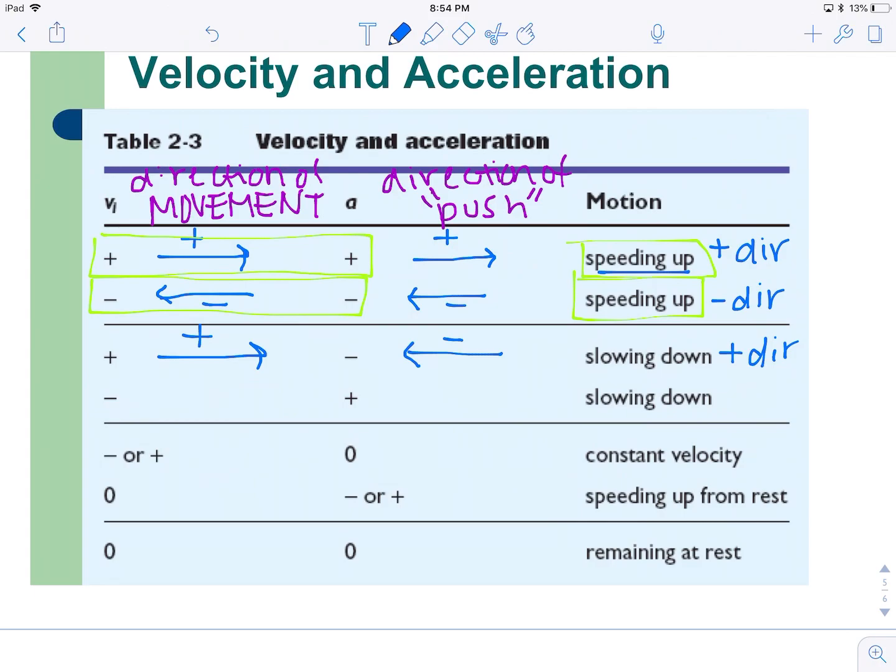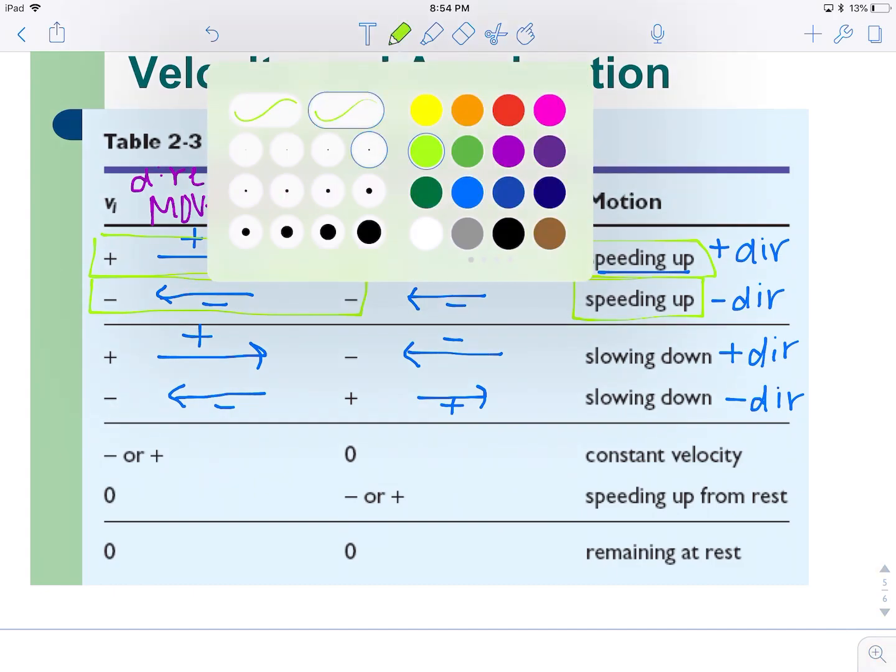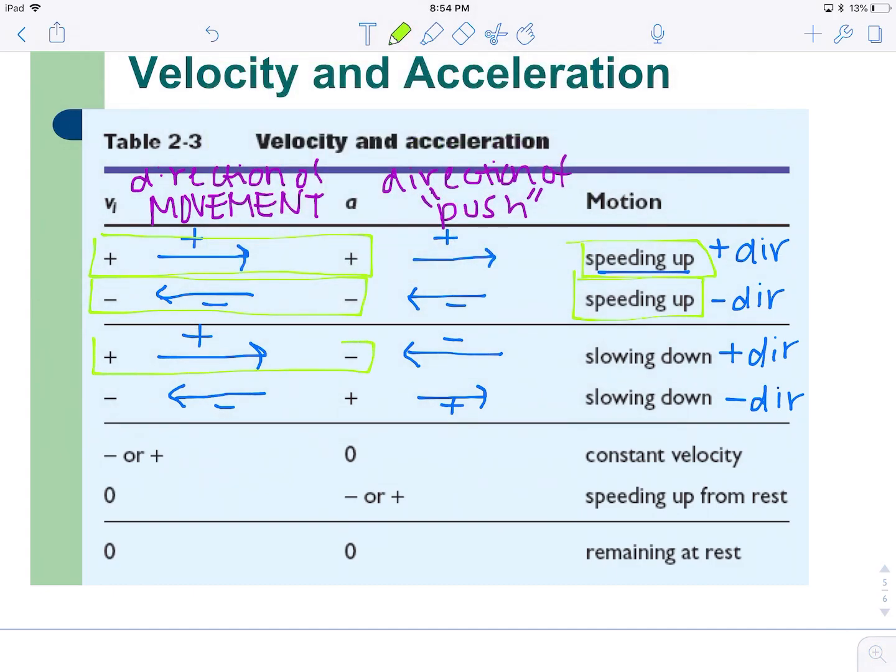If I'm moving in the negative direction and I receive a push in the opposite direction, again, those are going to be working against each other, and it's going to cause me to slow down in whatever direction I'm traveling in. Anytime the signs for velocity and acceleration are opposite, the object is going to be slowing down. Most of the time.